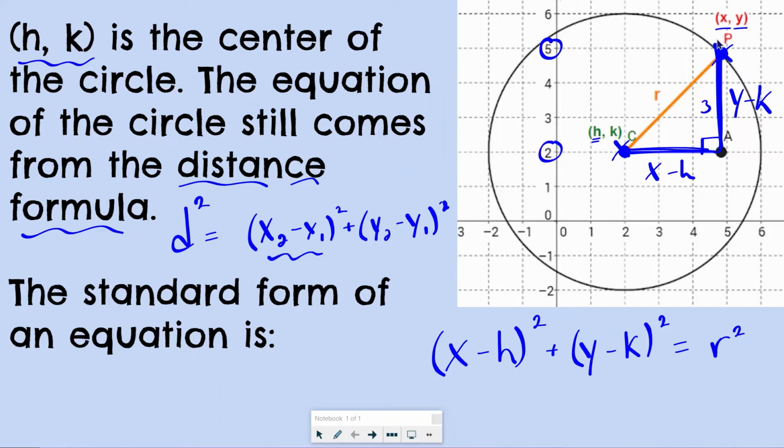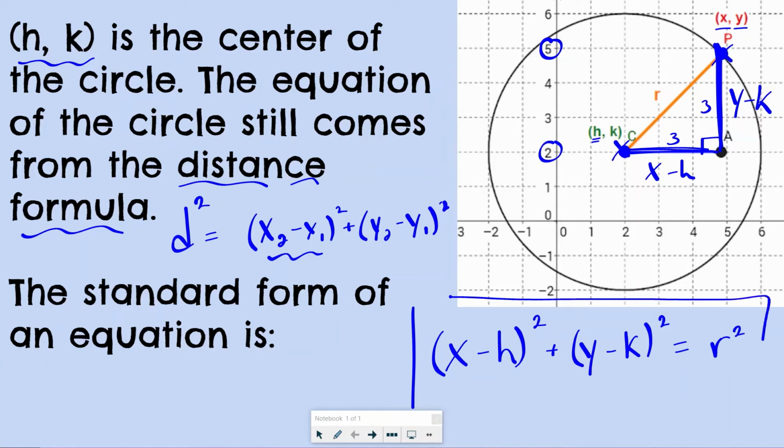X minus h. The x value at that spot is 5. The x value at the center is 2. So that would tell us that 5 minus 2 is 3. So we're just finding those two sides in that right triangle, and basically thinking about a squared plus b squared equals c squared, where c just happens to be the radius. And that's going to work on every point in this circle.